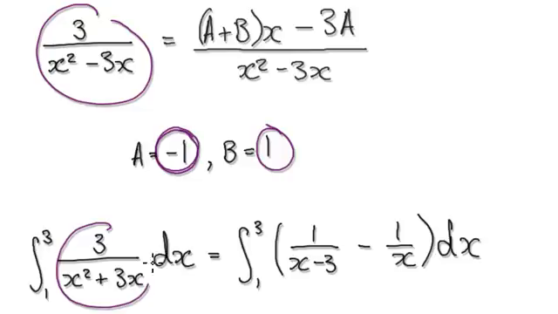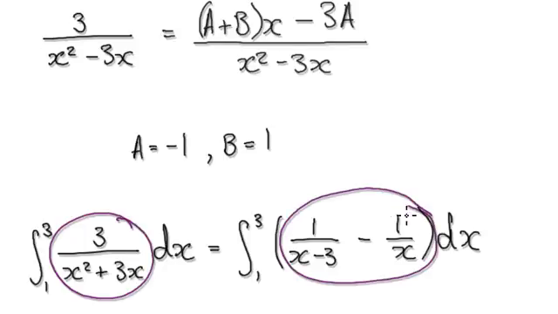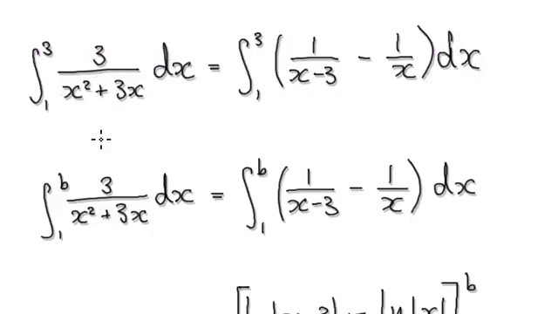So that means you can rewrite this as one fraction, take away another fraction. So integrating this will be the same as integrating this. But the thing is, we can't really integrate from 1 to 3, because dead on 3 it breaks down. So we're going to integrate it from 1 to B, and then later on we can allow B to head towards 3 from the left hand side.